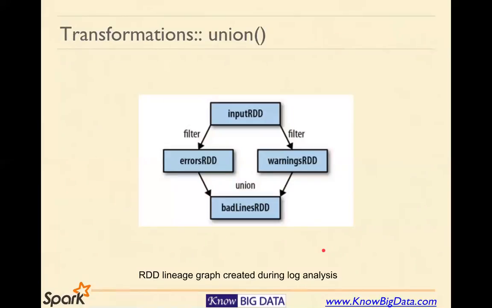So this is also called the RDD lineage graph. It's a directed acyclic graph, meaning there are no cycles. If there was a cycle in this graph, then execution would not be possible because it would become circular, going in cycles to get something done, and it would never finish.